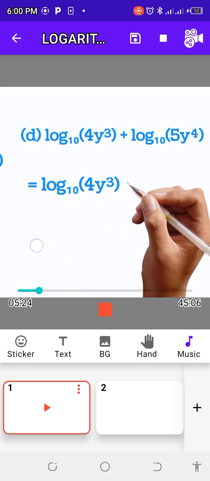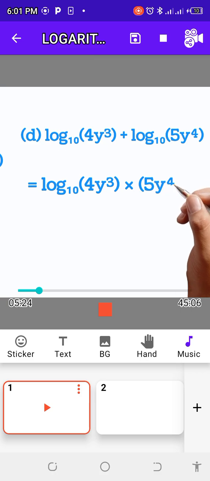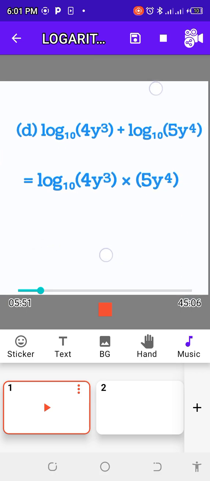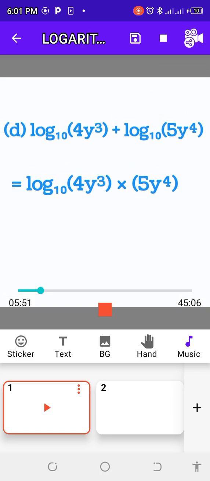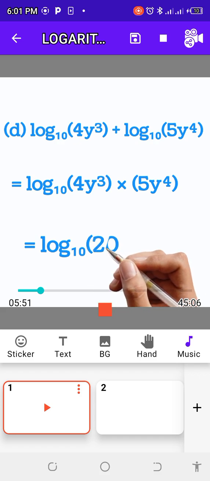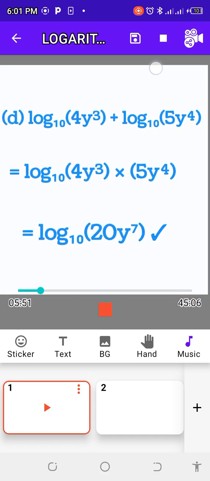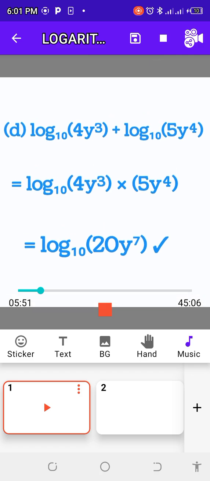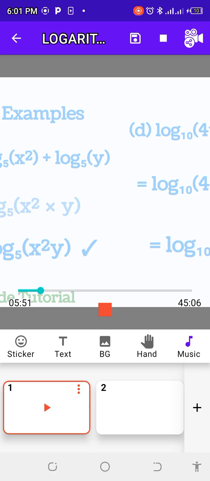The number will multiply the number and the alphabet will multiply the alphabet. So it's going to be 4 times 5, which is 20, and y raised to the power 3 times y raised to the power 4, which is y raised to the power 7, because of the law of indices. So it becomes log 20 y raised to the power 7 base 10.